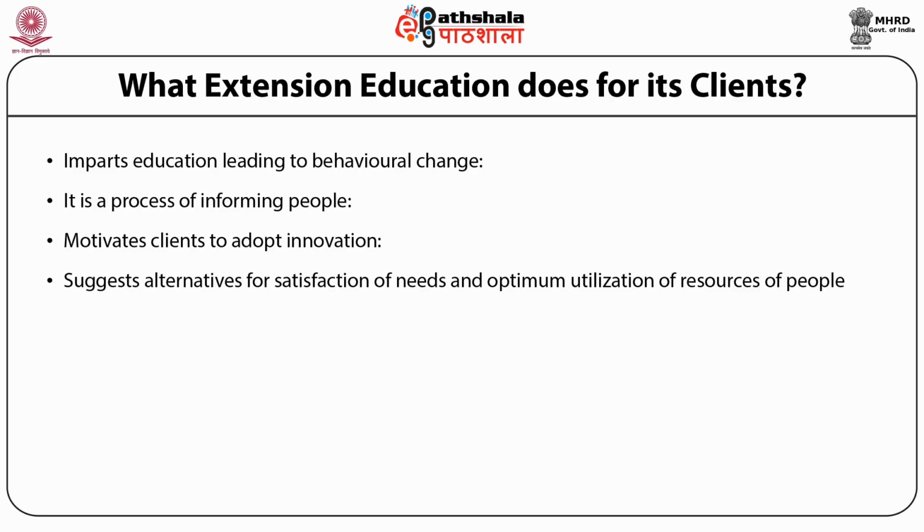The fifth element is that it involves active participation of the clients. The basic premise of extension service is the involvement of people in planning, implementation and evaluation of events. Bottom-up planning has always yielded positive results. A top-down approach to program planning and implementation was followed in many extension programs in the early period, but they did not yield the anticipated results.